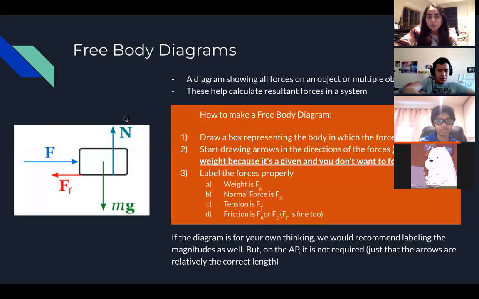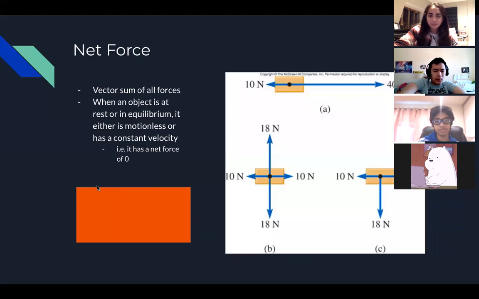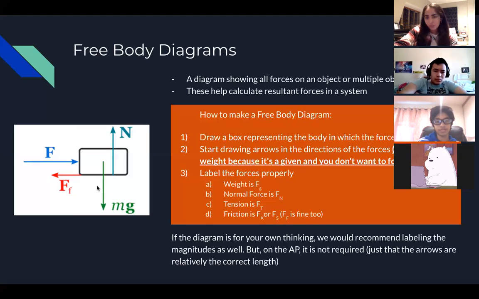An important thing, adding on to Mark, is that you don't show what forces the object is exerting, but instead what is being exerted on it. And this frictional force, the blue one, would not be pointing towards it. It would be coming from the center and showing outwards, if that makes sense.